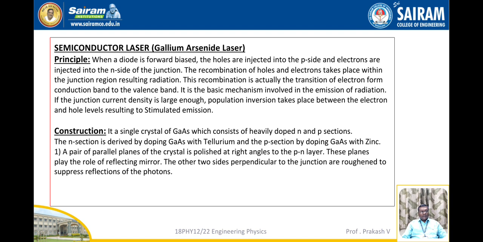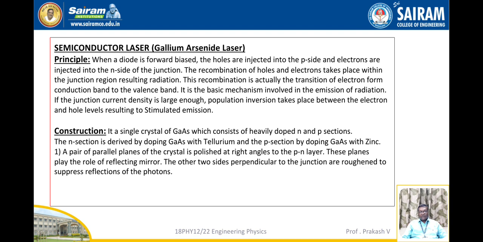So when a diode is forward biased, the holes are injected into the P side and electrons are injected into the N side of the junction. The recombination of holes and electrons takes place within the junction region, resulting in radiation. This recombination is actually the transition of electron from conduction band to the valence band.